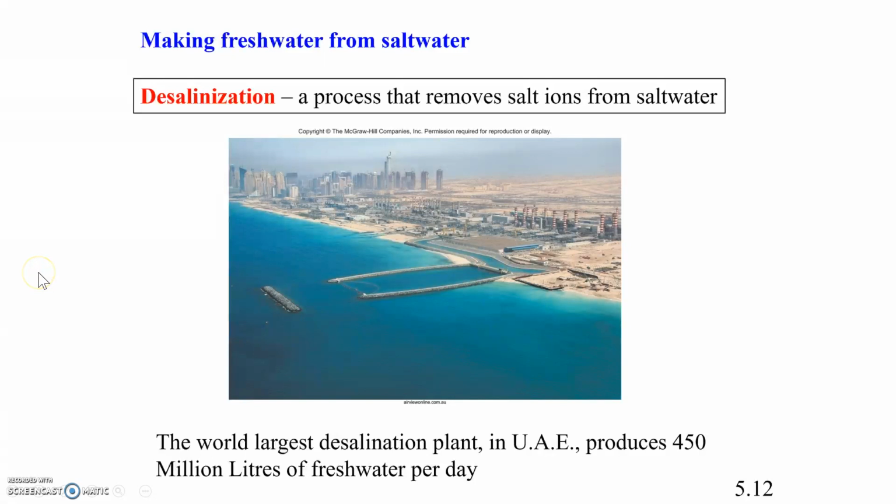So when we started talking about water, we mentioned that a majority of water on Earth, 97%, is salt water. Salt water cannot be used for drinking unless that salt is removed. We do have some means to remove salt from water. Unfortunately, they're very expensive and energy consuming.